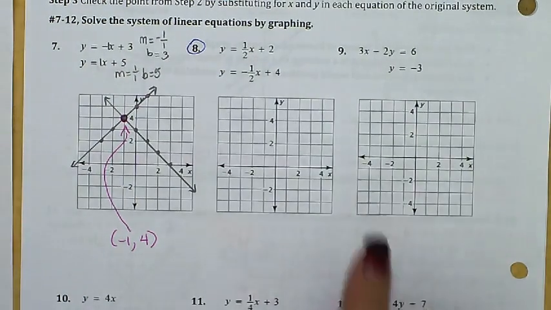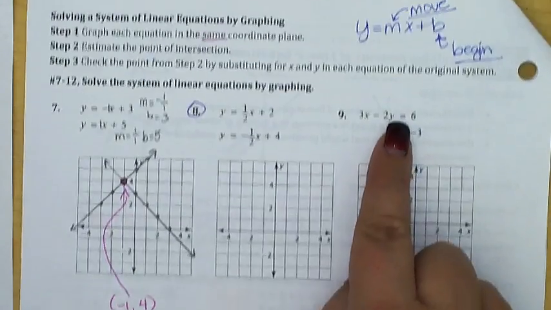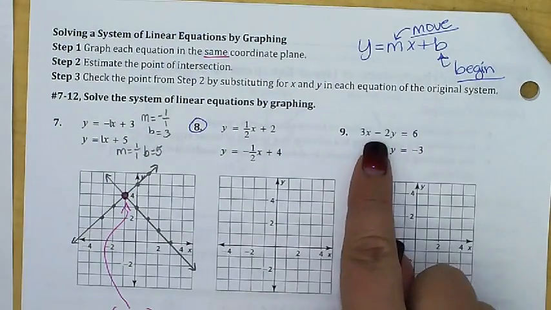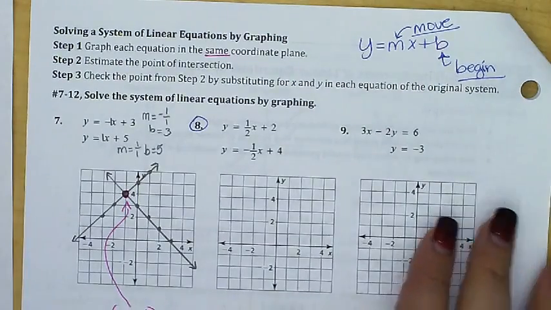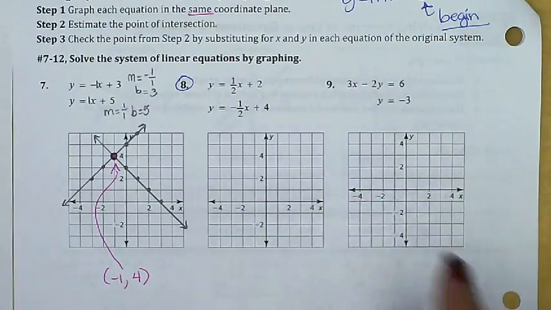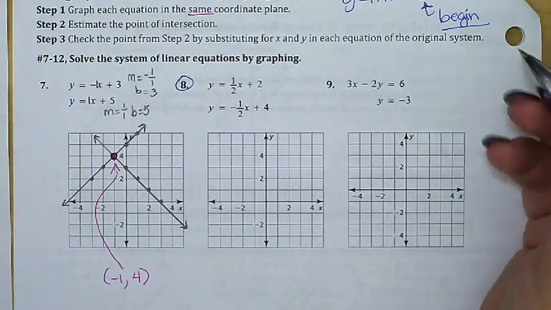So if you graph these equations, this is in standard form. So you either can rewrite it by solving for y. You can move the 3x, divide by -2, and rewrite it in slope-intercept. Or you could use intercepts to graph it. So I'm going to go for intercepts because y'all know I'm a fan of that method. Okay.